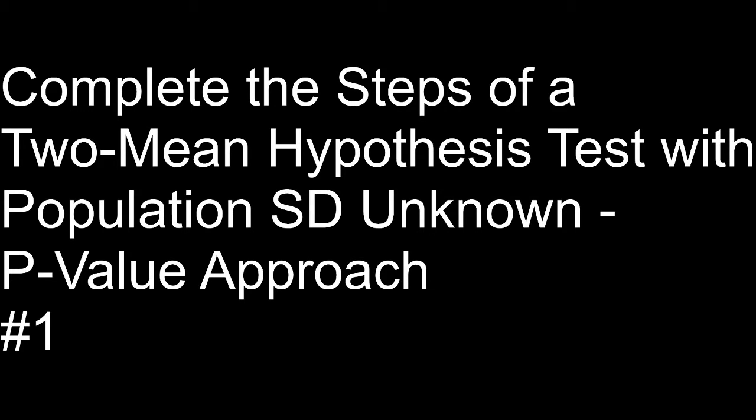And this is using the p-value approach. So once we have found the test statistic, we'll then determine the p-value using that test statistic. It'll either be an area to the left or an area to the right or double one of those areas depending on what kind of test it is: left-tailed, right-tailed, or two-tailed.